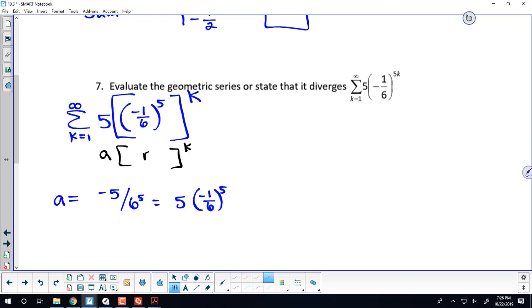So that's your first term, A. And then we've already addressed that R is not negative 1/6, but it's negative 1/6 to the 5th, or negative 1 over 6 to the 5th. Okay, so just be careful in how they're presented. If you start at 0 with a geometric series, then A is always that number that's multiplying, but they don't always start at 0.